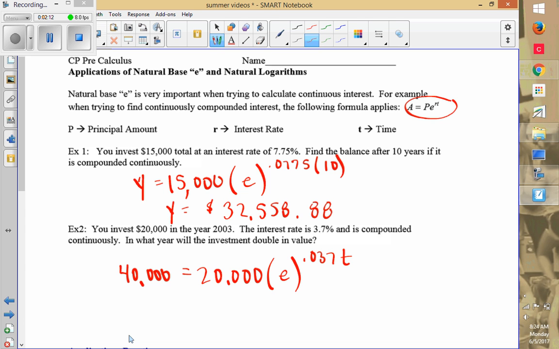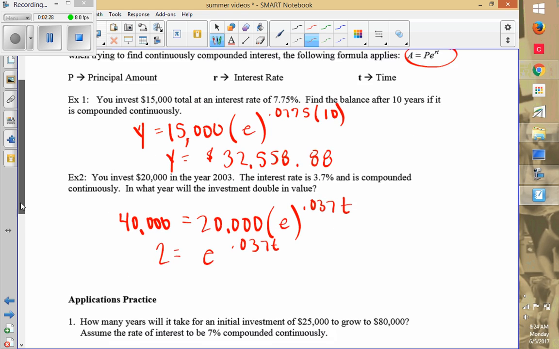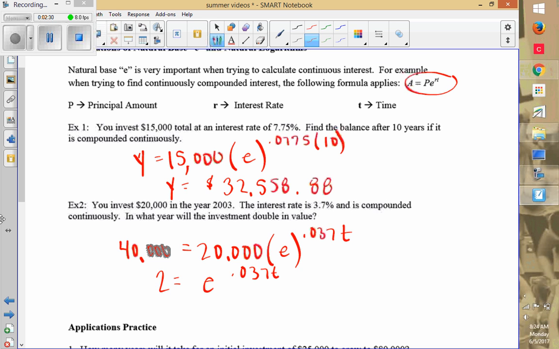So if I am starting to solve this exponential equation, I'm going to divide by 20,000 and I'm going to get 2. That's because we're trying to get double, essentially. 2 equals e to the 0.037t. We're going to rearrange and use logarithms.